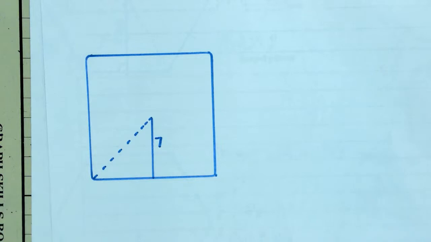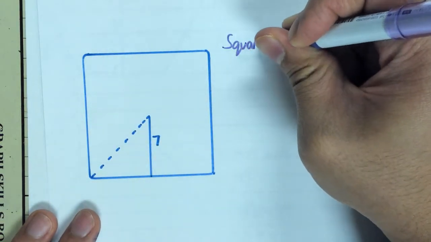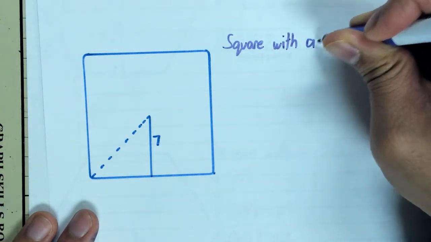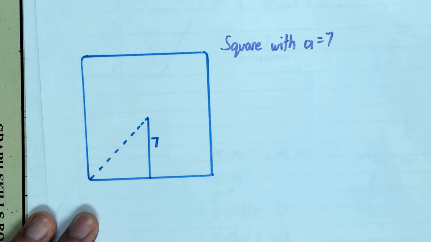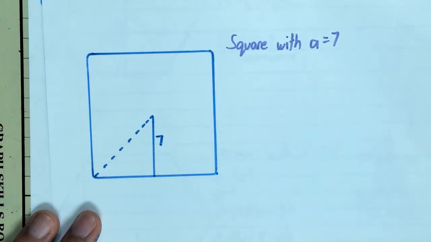One final example. This time we have a square with an apothem of 7. So a square is another special case.